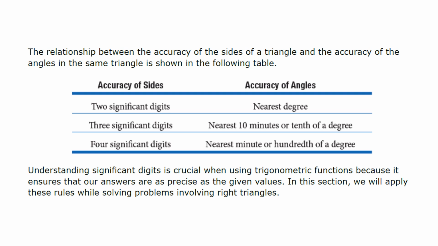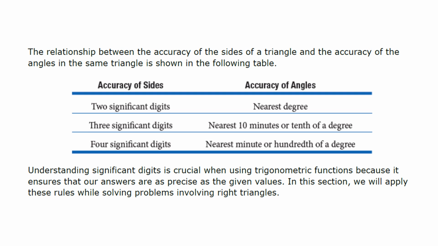The relationship between the accuracy of the sides of a triangle and the accuracy of the angles in the same triangle is shown in the following table. Our first column here is accuracy of sides, second column is accuracy of angles. So 2 significant digits for the sides of our triangle, then we're going to round our angles to the nearest degree.